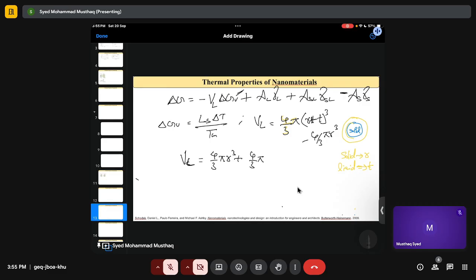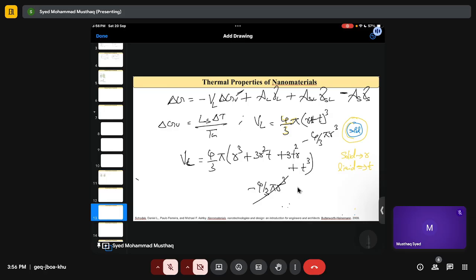And then I have, okay, let's take 4 by 3 pi common instead of writing 4 by 3 again and again. So 4 by 3 pi common, (R cube plus 3 R square T plus 3 T square R plus T cube) minus R cube.